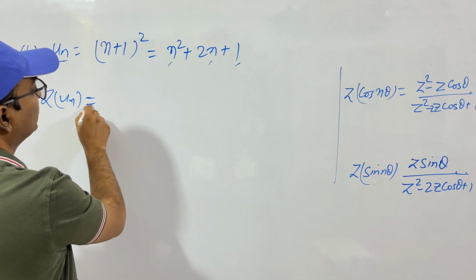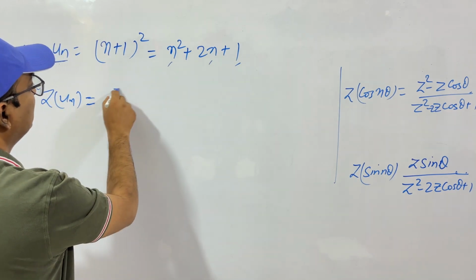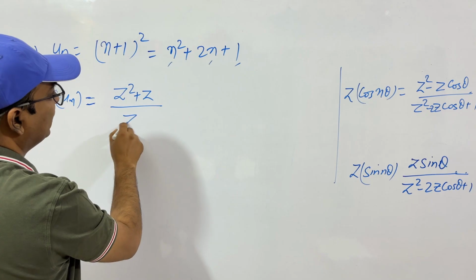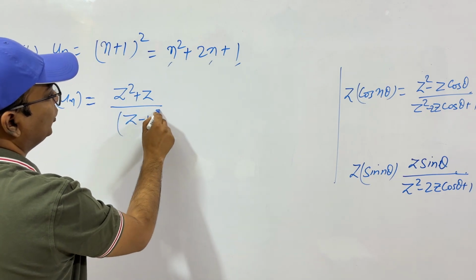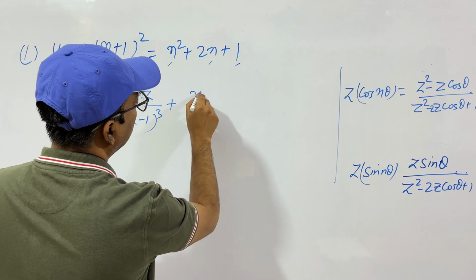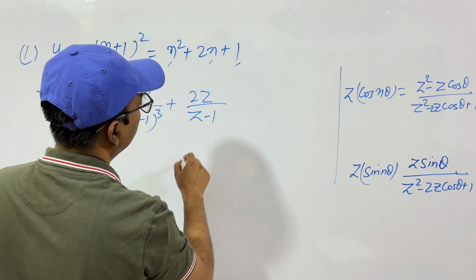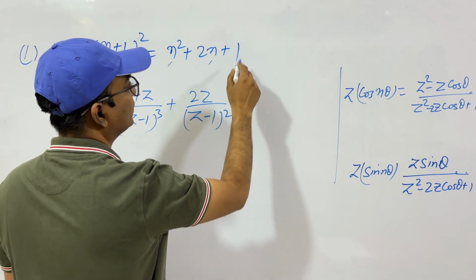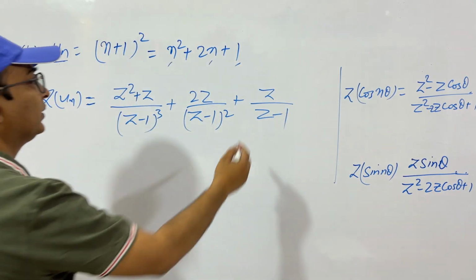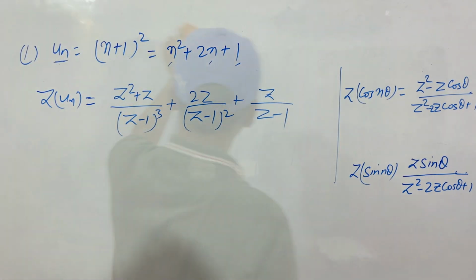What is the z transform of n square? You have seen it. It is (z square plus z) by (z minus 1) cube, plus 2 into n, n is z by (z minus 1) square, so 2z by (z minus 1) square, and this is 1, so this is simply z by z minus 1. Okay, simple.